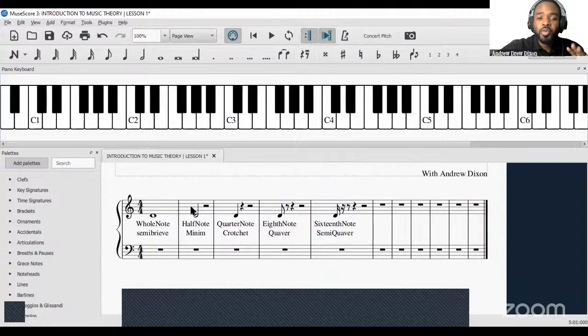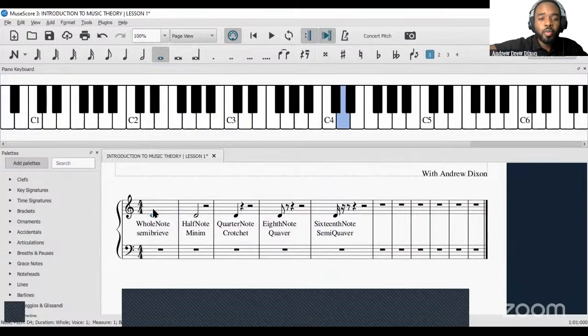Now, what I'm going to do is, in order to get rid of these rests, I'm going to have to complete the bar. So all of this area is called the bar or the measure. Now, for this first note, the whole note, we only need one whole note. Why? Because each bar, mathematically speaking, must contain 4 counts.